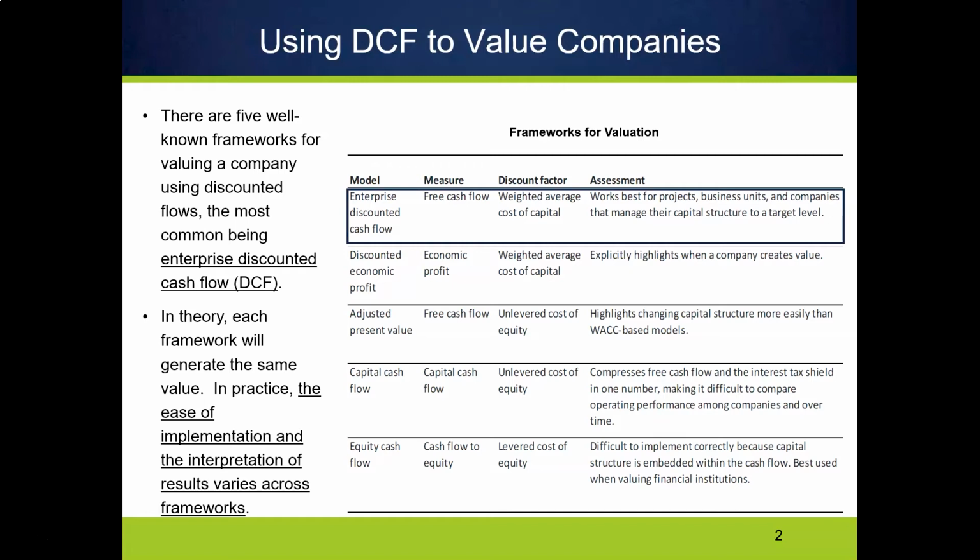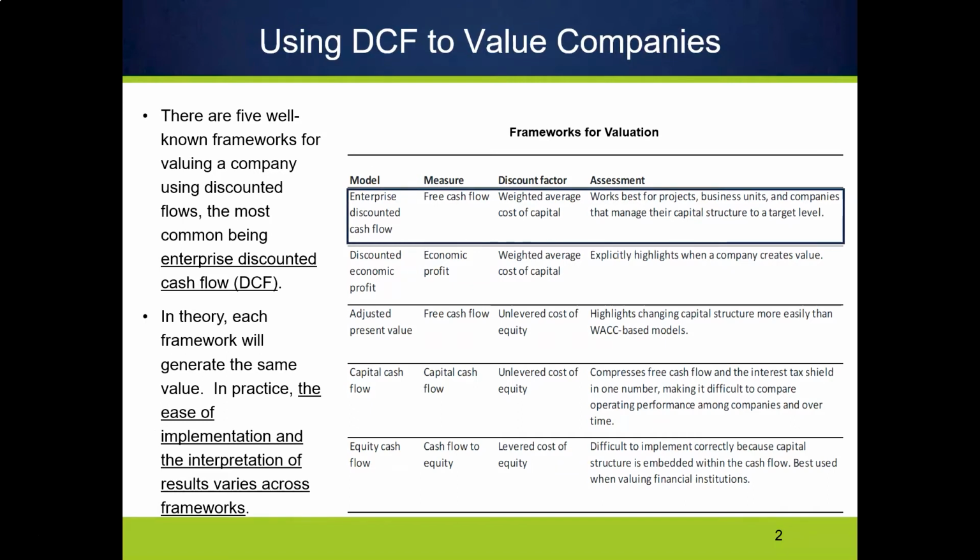So it's not that these other models don't have uses, it's that their uses are more specific. For instance, the equity cash flow model is really useful only when you're valuing banks and other financial institutions. But we wouldn't really use it if we were going to value a more standard company.